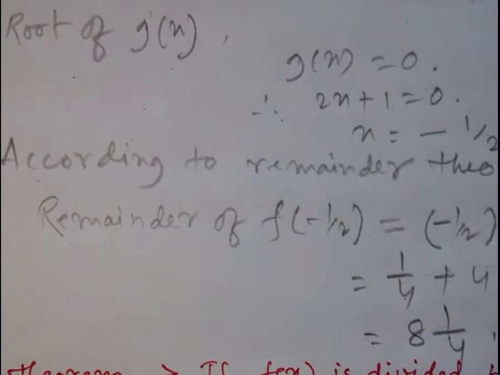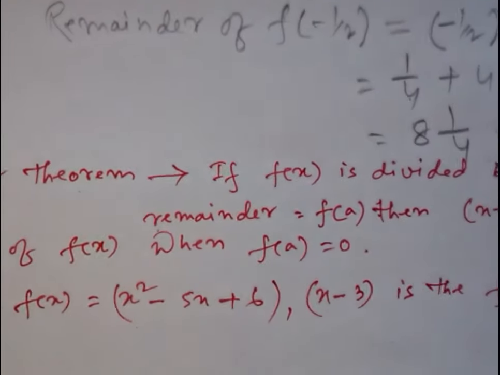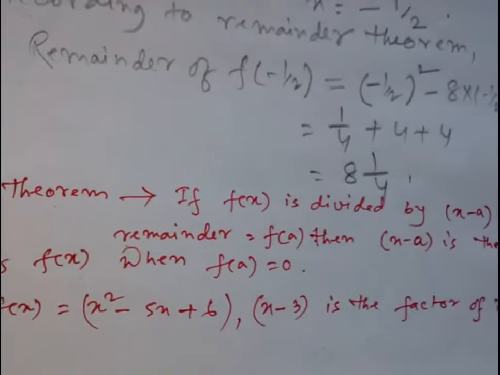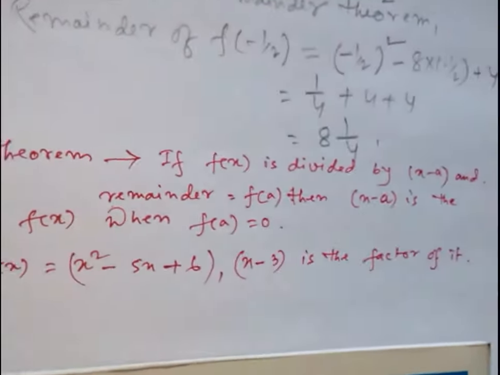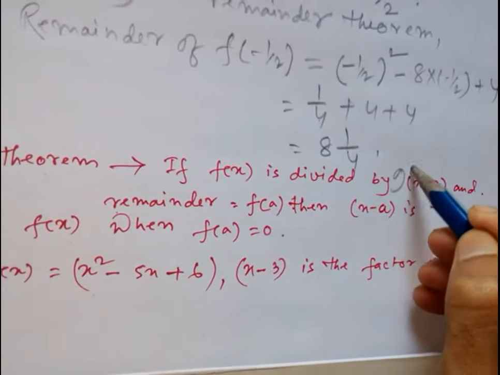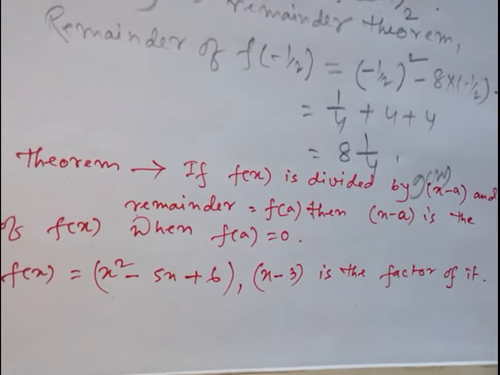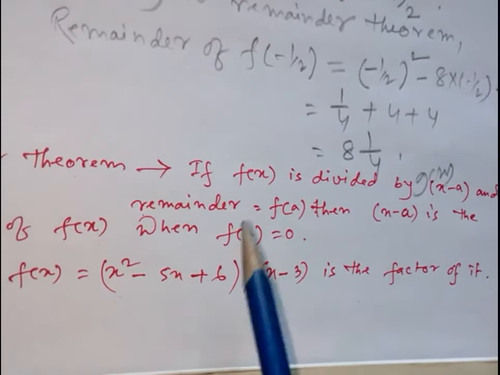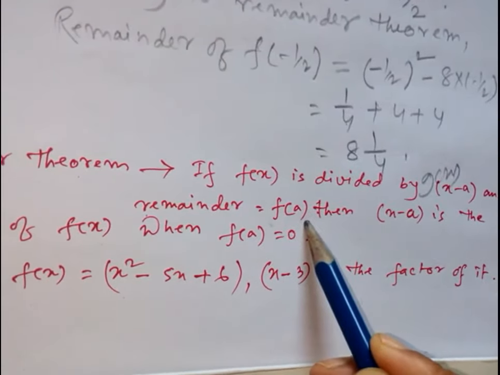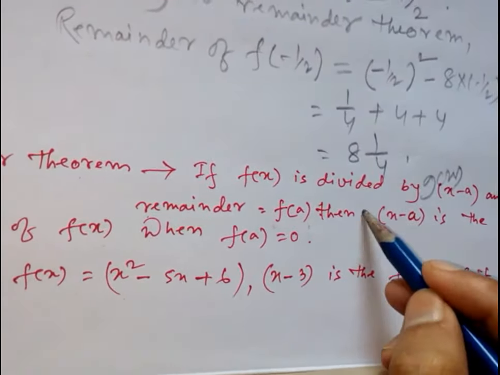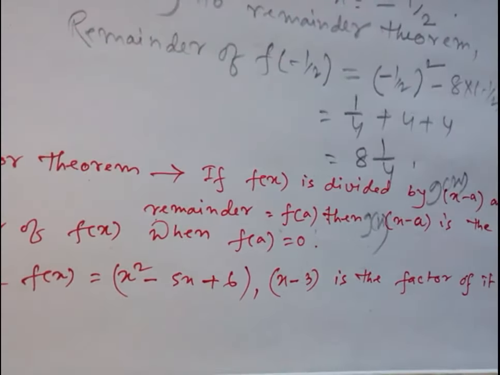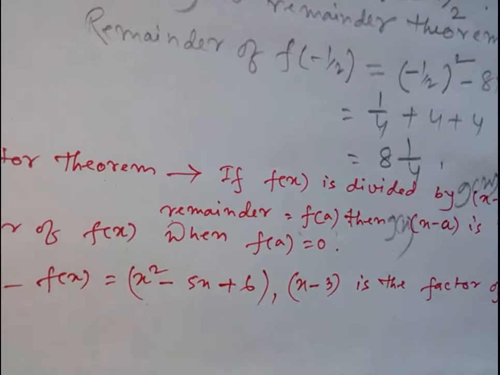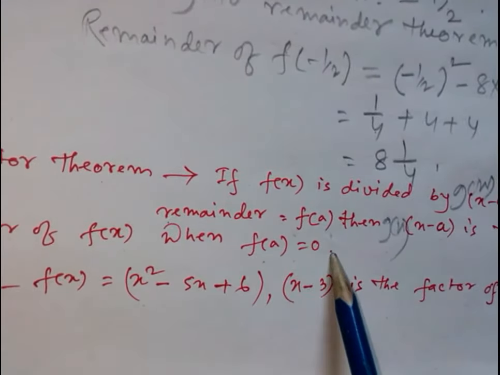Now we are shifting over to the factor theorem. What is the factor theorem? If f of x is divided by the same g of x, that is x minus a, and the remainder is f of a, then g of x, that is x minus a, is a factor of f of x when f of a is equal to 0.